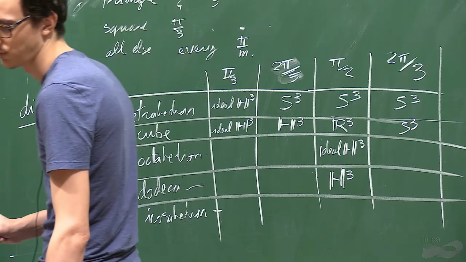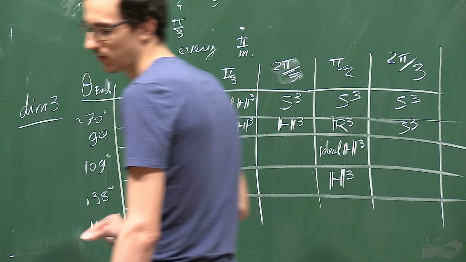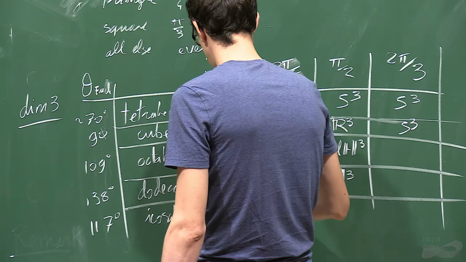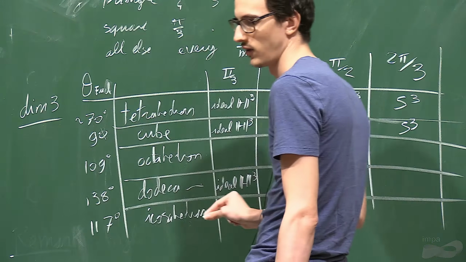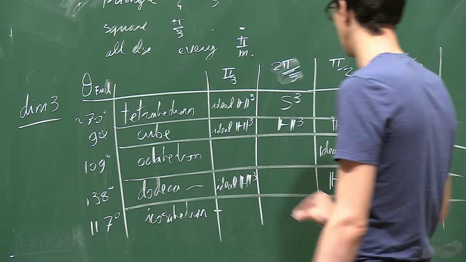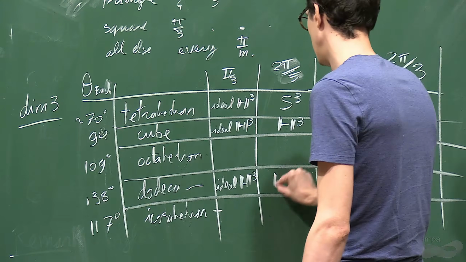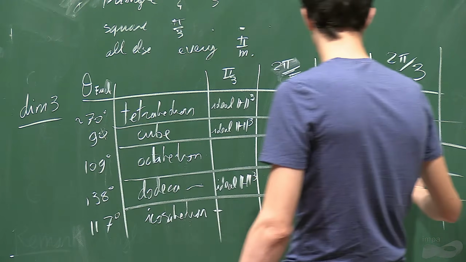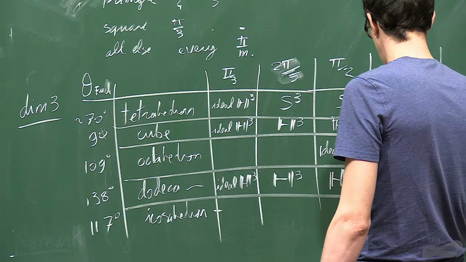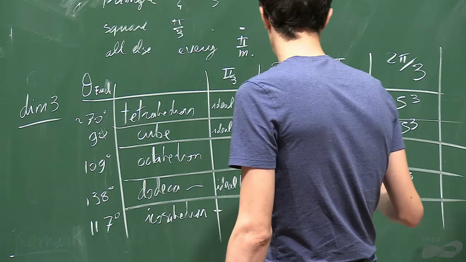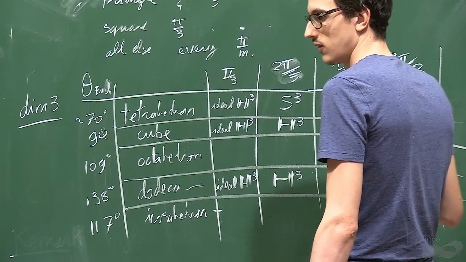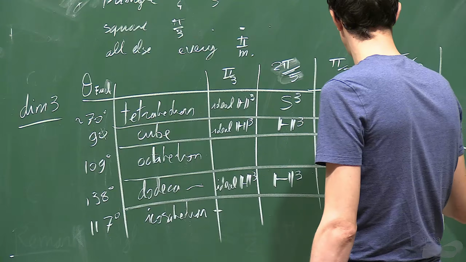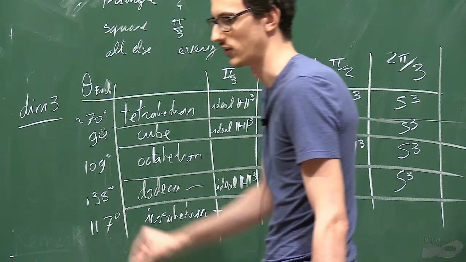I don't care much about all the other angles, but let me finish. So the ideal dodecahedron has pi over 3 in H3. So here you still will get H3. Here is going to be S3. And yeah, this is just S3 because it's 2 pi over 3. It should be more than this.